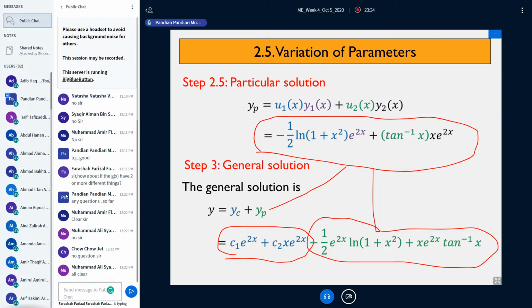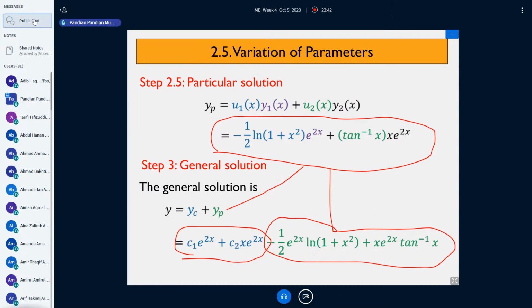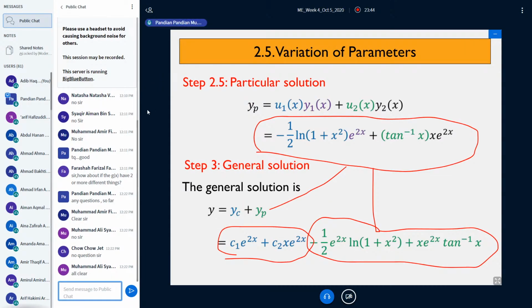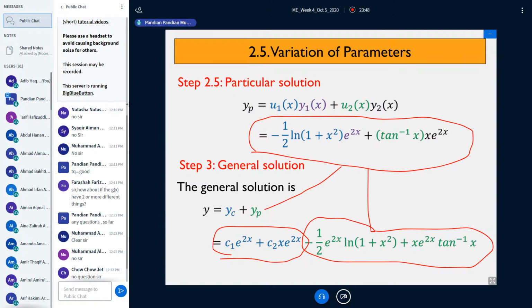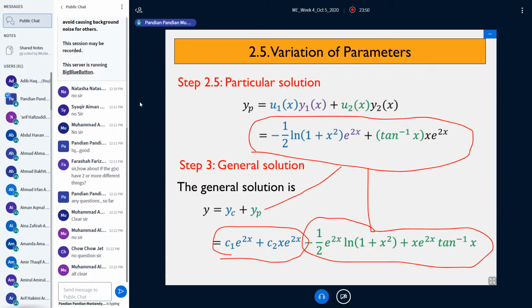You can refer to previous lecture notes. gx can be ln x, tangent x, sin x, cos x, x power 5, e power x, anything. gx can take any form. So that is the problem.